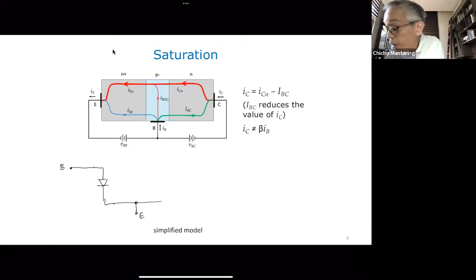Okay. From my collector to my emitter, I have this component of current. This component of current from my collector to my emitter. And that component of current can be represented by my I sub S e to the VBE over V sub T.